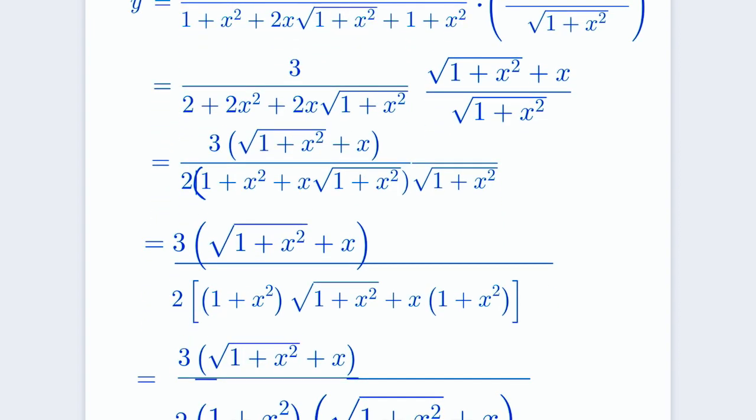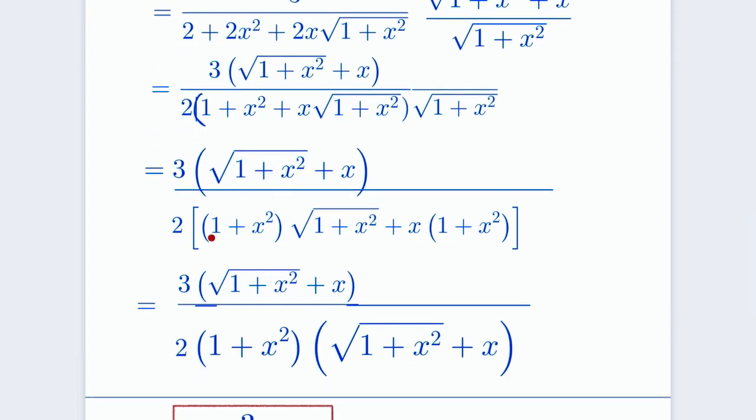Now notice that over here, you can distribute this square root of 1 plus x squared inside. So you have 1 plus x squared times square root of 1 plus x squared here, plus x times this. But this times this just becomes 1 plus x squared. So you have x times 1 plus x squared here. Notice that the denominator here, this 1 plus x squared is a common factor.